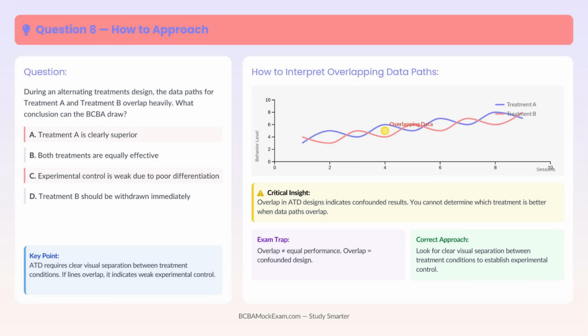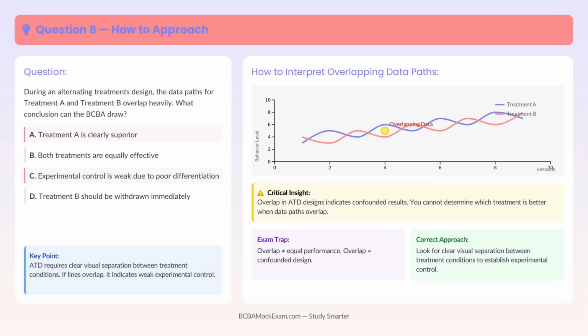To approach this question, begin by recalling that alternating treatments designs depend on clear visual separation between treatment conditions. The purpose of ATD is to compare treatments by switching them quickly and then examining their distinct data paths. When the lines for treatment A and treatment B overlap heavily, it means the design cannot show which treatment is better. Overlap does not equal equally effective.